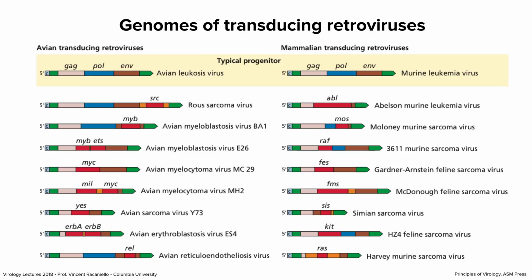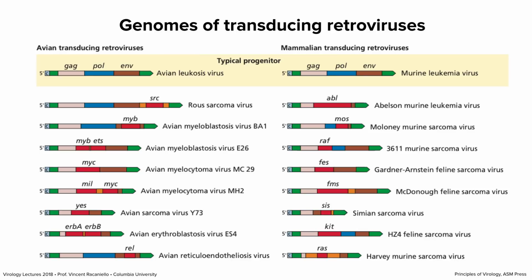Here, Abelson leukemia virus, where Abl has replaced a good fraction of the viral genome. A sarcoma virus from mice. A cat sarcoma virus, another cat, a simian sarcoma virus, and the oncogene is sis, another cat virus, etc. So people did this over and over again with different species and identified different oncogenes that were picked up.